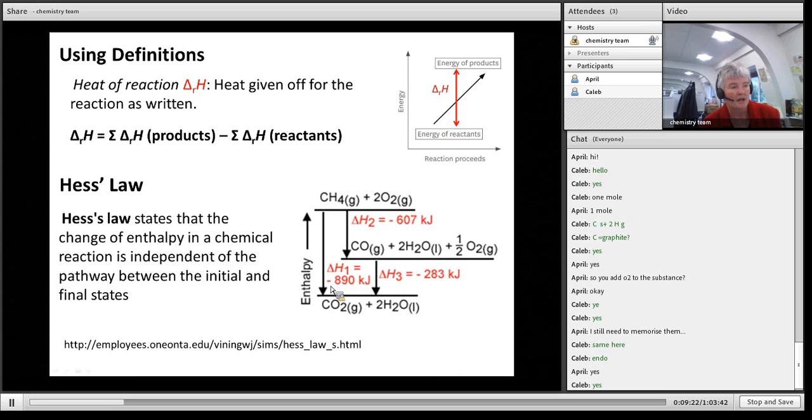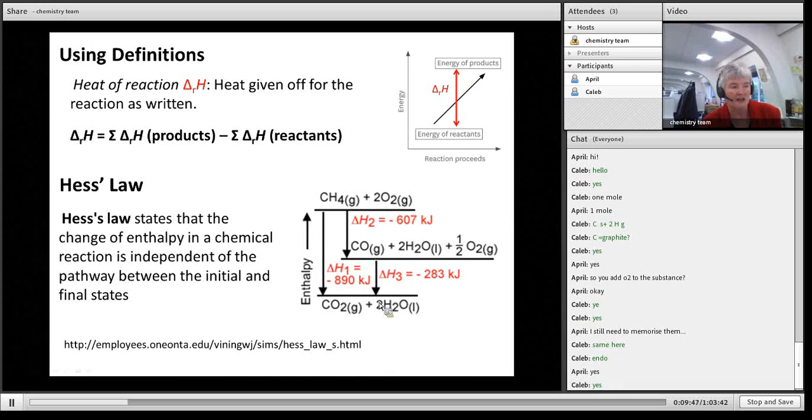Okay. If I wanted to say, what would happen if I used methane and got to just the CO stage? I could work that out by, say, burning carbon monoxide to get to the same state.